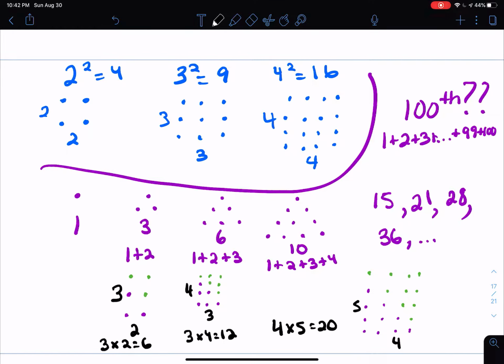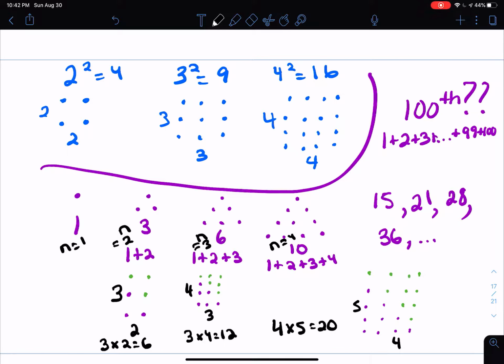So when I do that, notice that, let's say n is the number of the triangle. So n is 1 for the first triangle, n is 2 for the second triangle, n is 3 for the third triangle, n is 4 for the fourth triangle, so on. N is 5 for the fifth triangle.